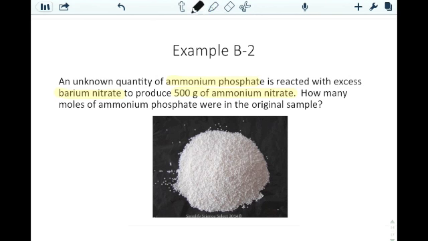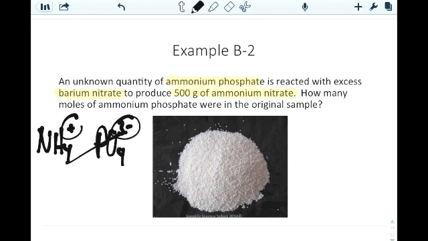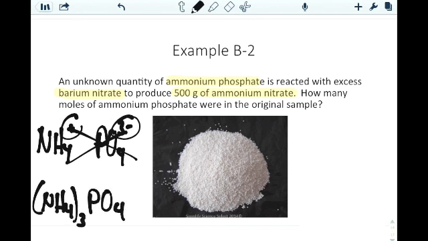So when I'm working this one out, I first have to start with my balanced chemical equation. The first thing I have, my first reactant, is ammonium phosphate, which ammonium is NH4 with a positive charge, and phosphate is PO4 with a -3 charge. We crisscross and we get our (NH4)3PO4, that's our first reactant.